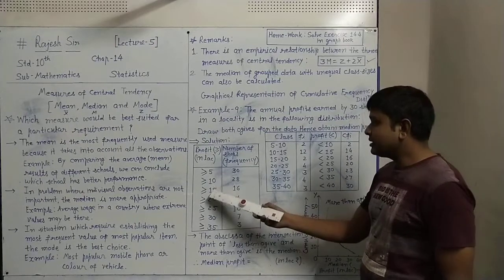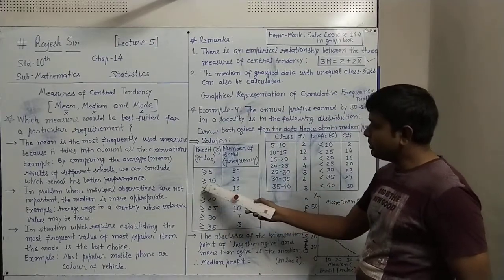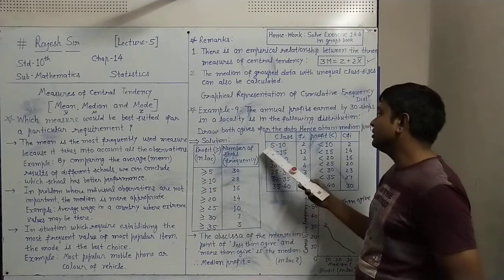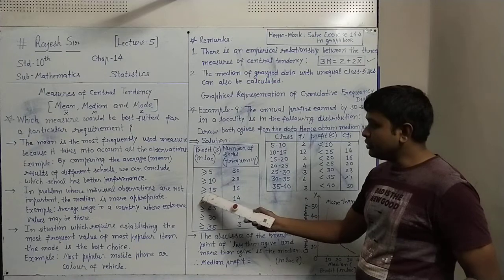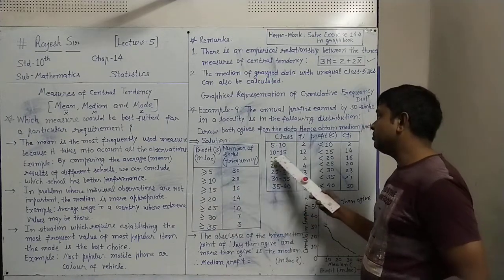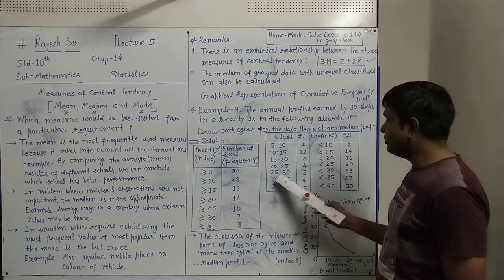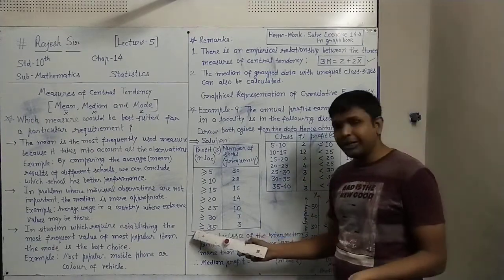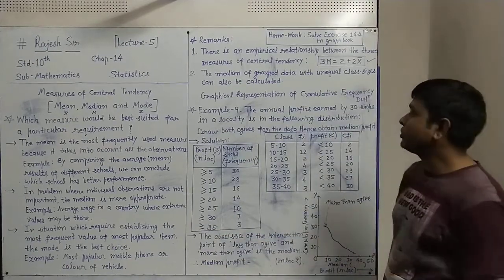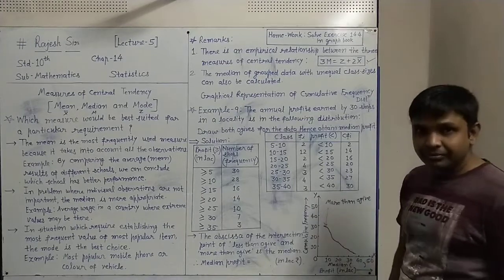So what will be the class? 5 or more, and 10 or more, means between 5 and 10, 5 to 10. Similarly, greater than 10 and greater than 15, so between 10 and 15, then 15 to 20, 20 to 25, 25 to 30, 30 to 35, 35 to 40. Because greater than 35 is 35 to 40, the last class. So this way, from this understanding, we can make the classes.